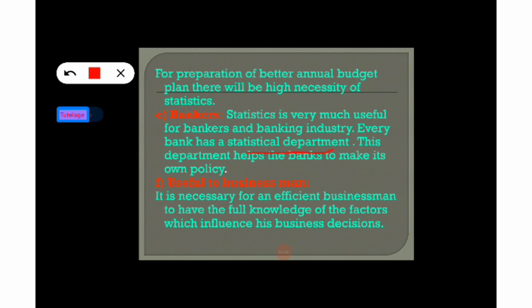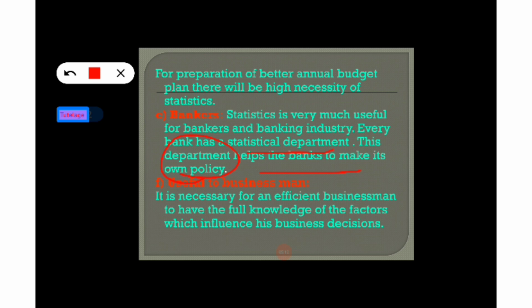This department helps the banks to make their own policy. Each and every bank has its own financial policy, its own statistical policy, which is created by the statistical department. So that's why statistics is very much related to the banking sector.